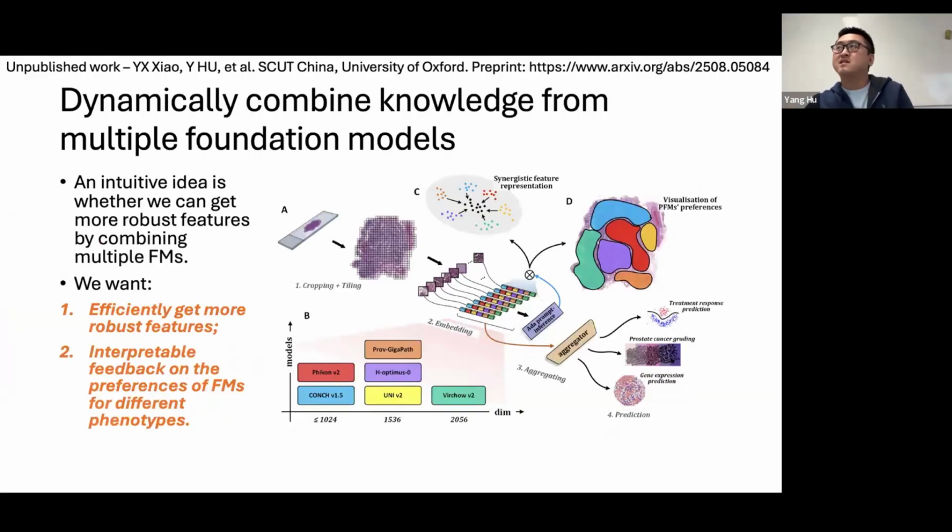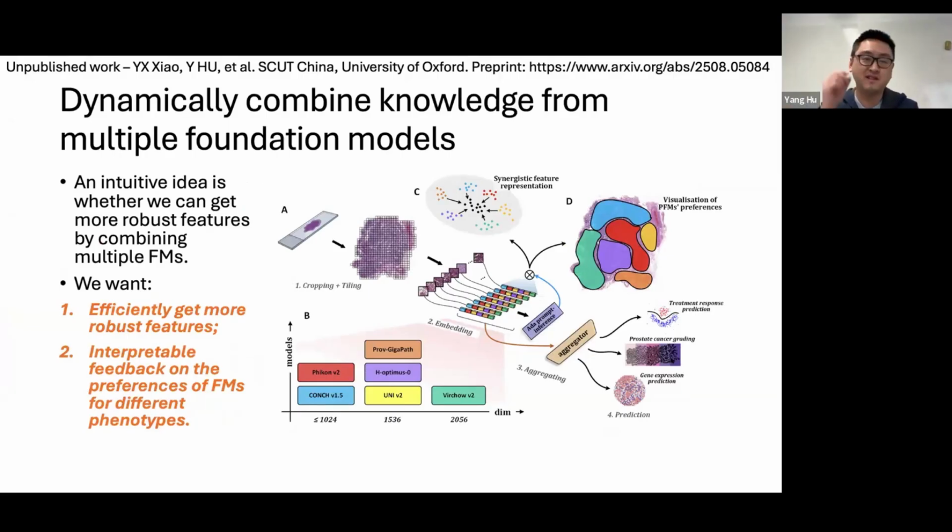So this is a very naive, very intuitive idea: maybe we can get more robust features by combining multiple foundation models.